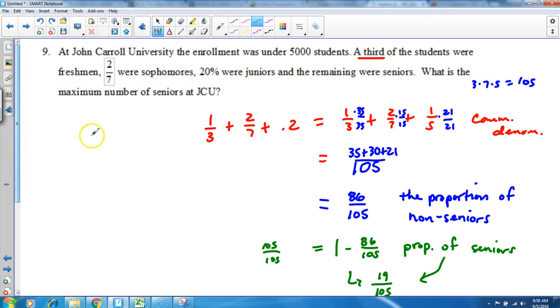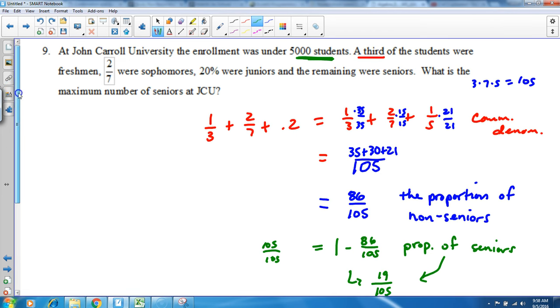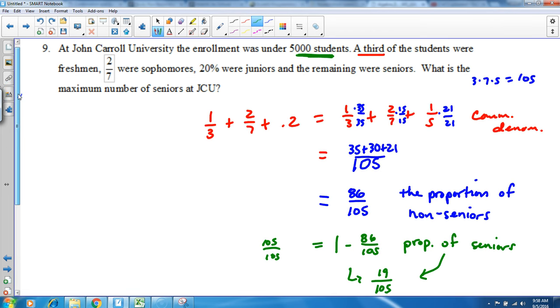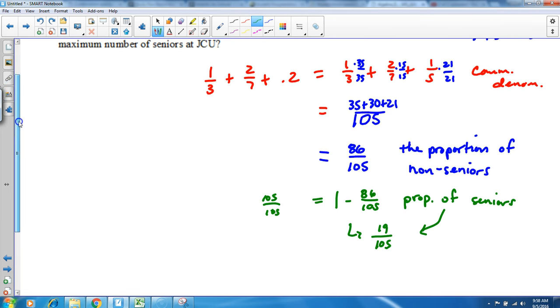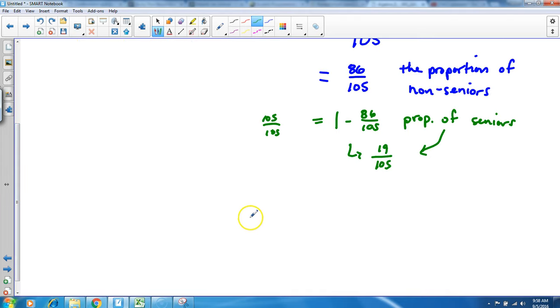The last part of this is they want to know out of 5,000 students. They say the number of students was under 5,000. So what's the most number of seniors that we could have had? We're going to take our proportion here, 19 out of 105, the proportion of seniors. If at most we had 5,000, and actually it's strictly under 5,000, then we're just going to multiply that proportion by 5,000.